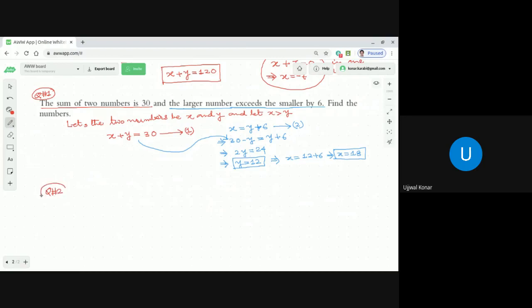Question number 2 is that the sum of two numbers is 30. Find the numbers.